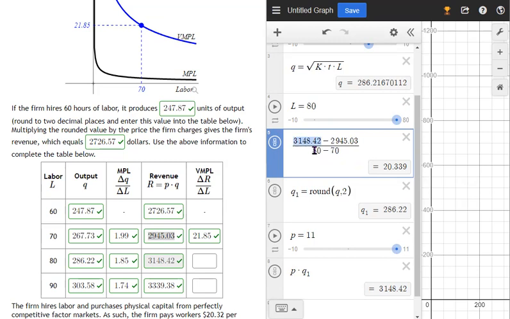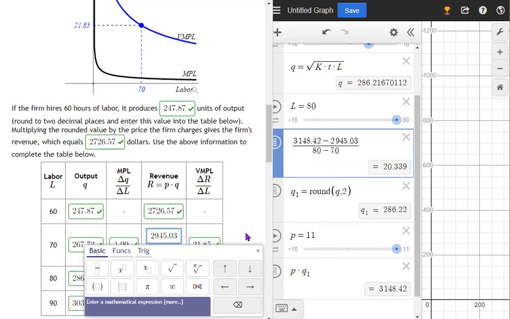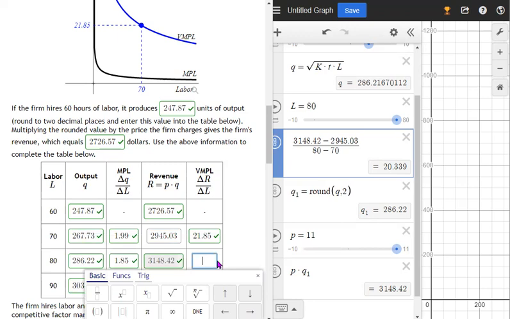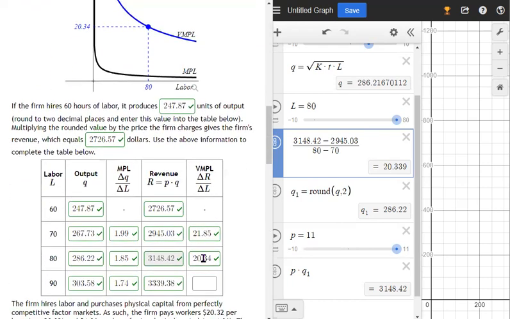This is the revenue when the firms demand 80 hours of labor. And the ratio of those two changes is 20.34. Okay, we got that right.